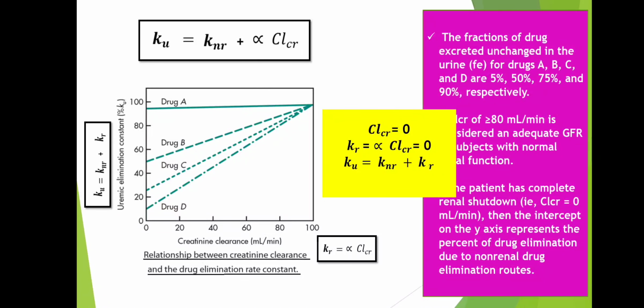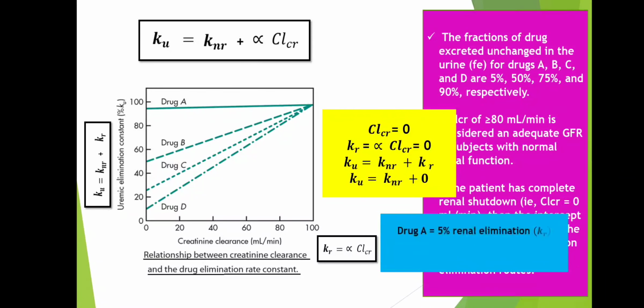So the elimination rate constant in the uremic patient is the sum of the non-renal and renal elimination rate constants, but the value of Kr we got is 0. Therefore, you can write Ku equals KNR.